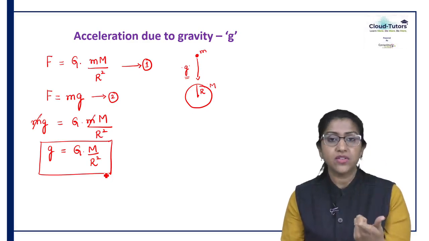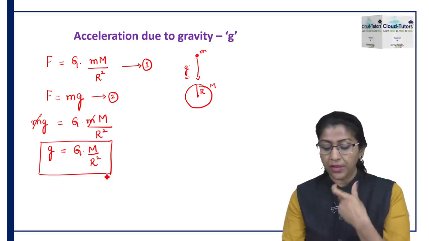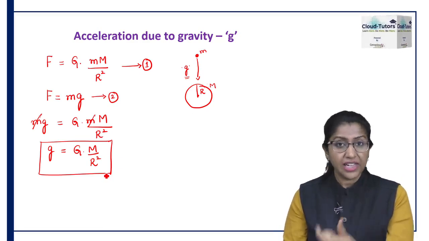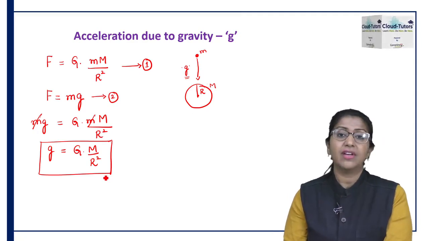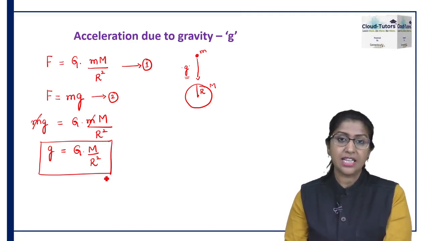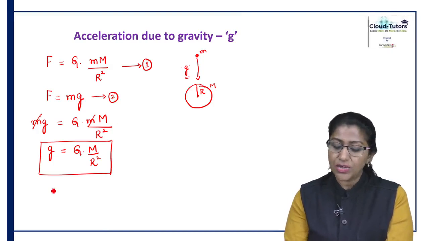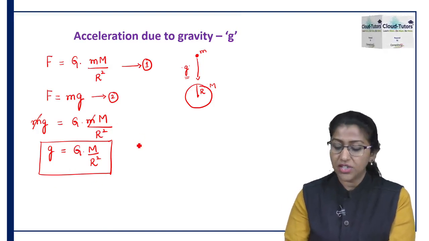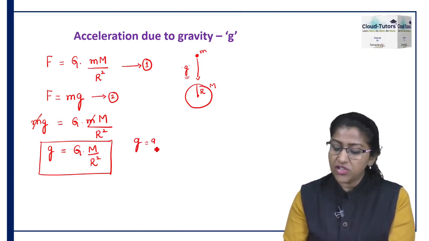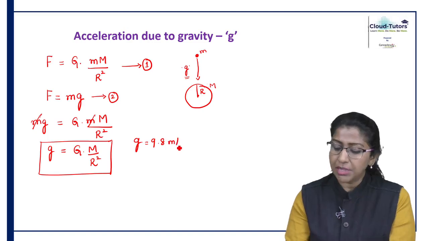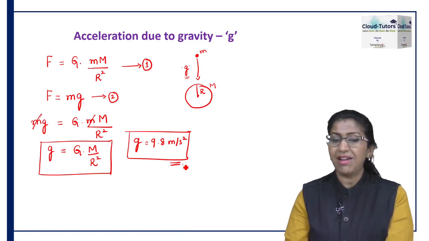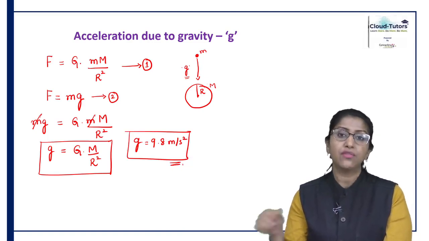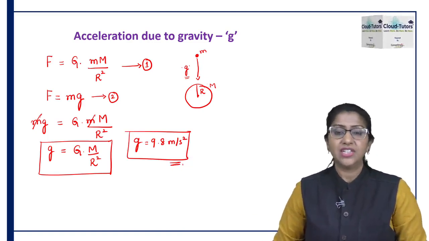So we know the mass of the Earth, we know the radius of the Earth, and we know the value for capital G. Can we not calculate the value for small g, that is acceleration due to gravity, using these terms? If we do the calculation, we get the value of g is equal to 9.8 meters per second square as the general, accepted value for acceleration due to gravity.